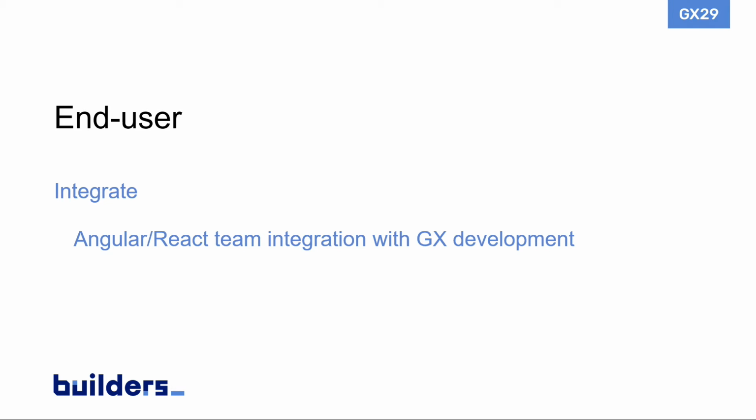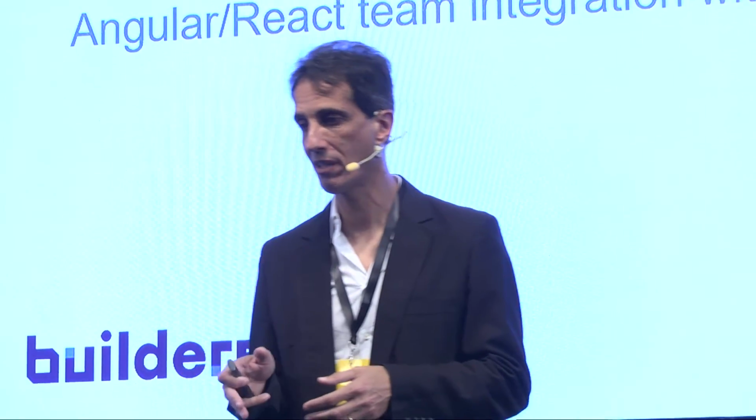And then we didn't think about this on purpose, but it's happening. There are some companies that have their development in Angular and use GeneXus at the back end, but are still doing some things because that's where they've come from. They are still doing them in React, for example, or in Angular.